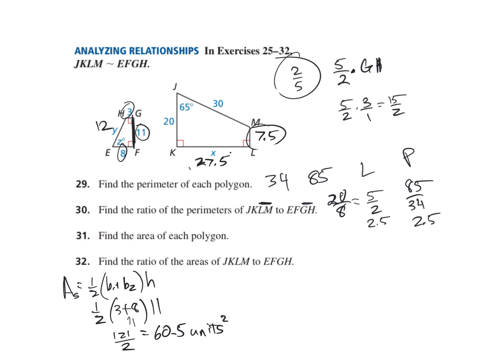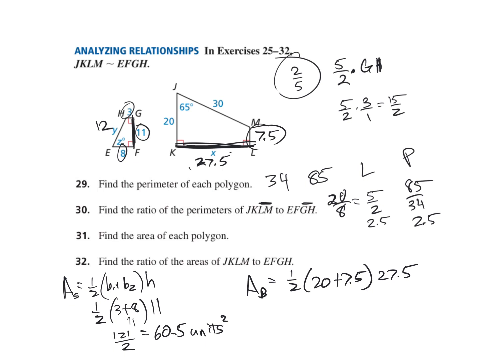Now, the bigger trapezoid is 1/2 the parallel sides, so 20 plus 7.5, times the height. Again, it has to be an altitude, so 27.5. Now, there's other ways of doing this. They want you to use the formula that the areas squared, they're already squared, is equal to the side length squared.